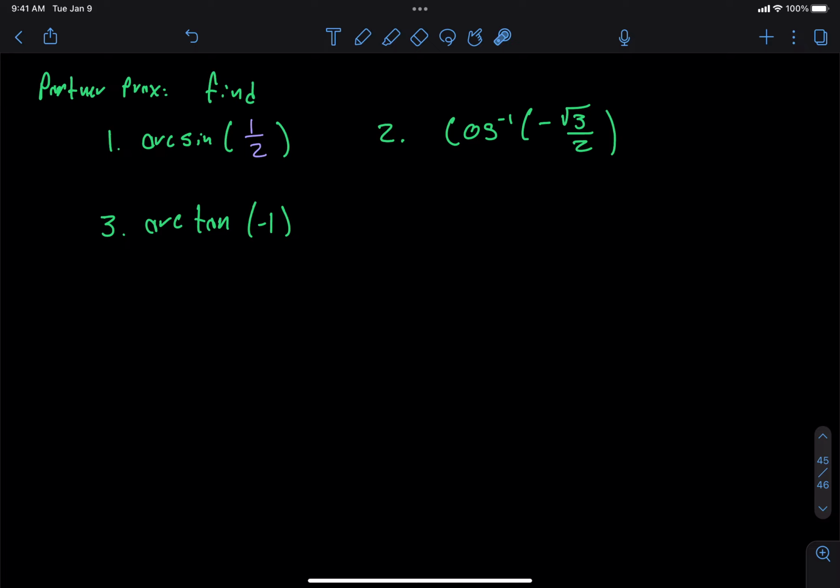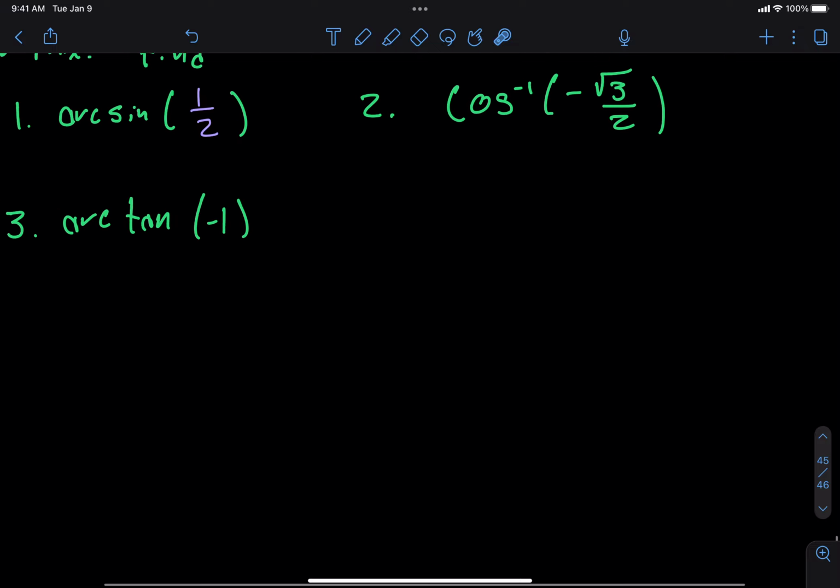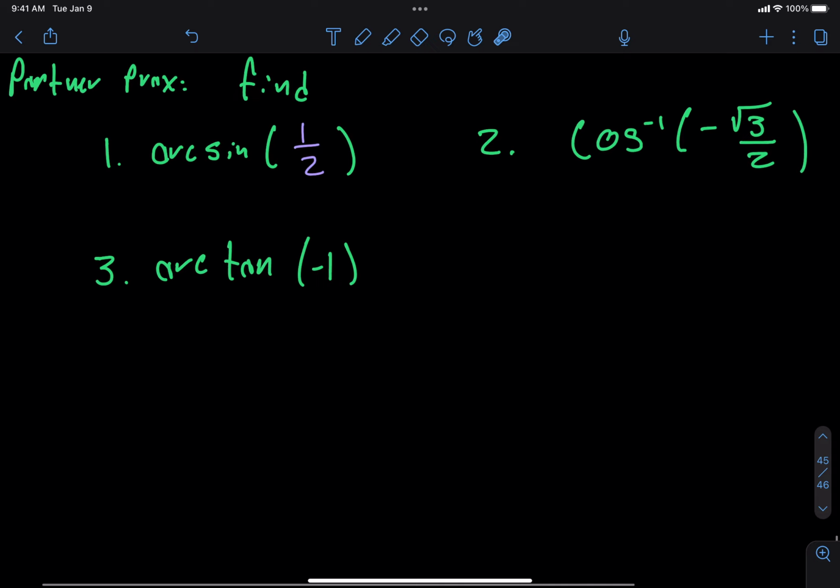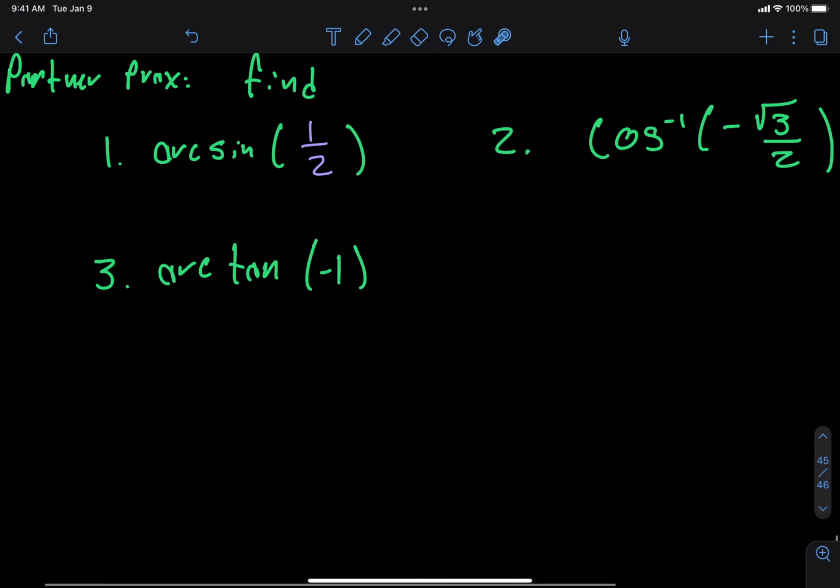Okay, so we're going to work with our partners to find the angles out of these processes. So let me make it as big as possible so you can all see. I'll be walking around to help you. If you need some help, just raise your hand. And we'll work on this for maybe 8 minutes.